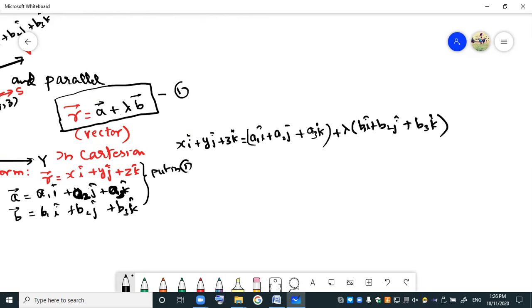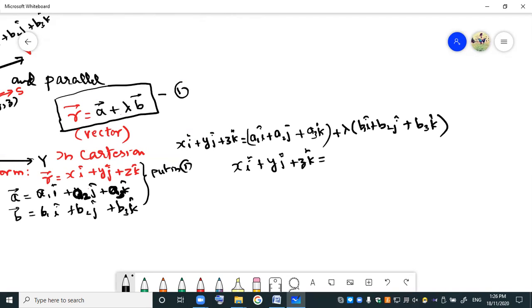Now how to solve the equation? Now you can equate: left side is xi plus yj plus zk.